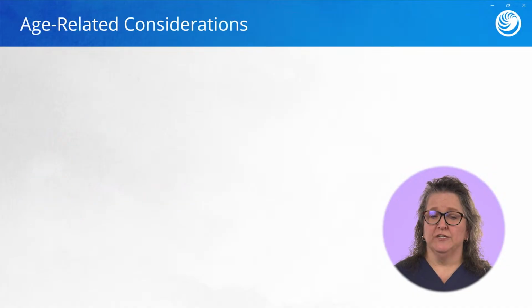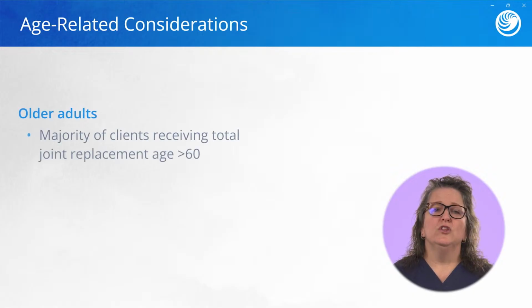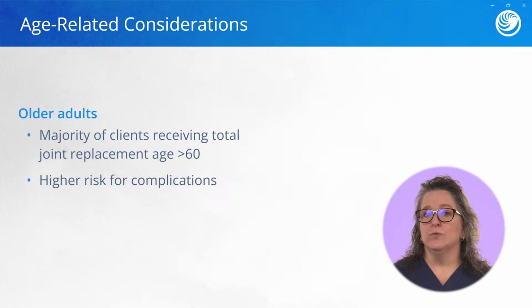Age-related considerations. Older adults. The majority of clients undergoing total joint replacement are over 60 years old, and this age group is at higher risk for complications. They have more comorbidities. Older clients enter surgery with more comorbidities than would a healthy younger client.